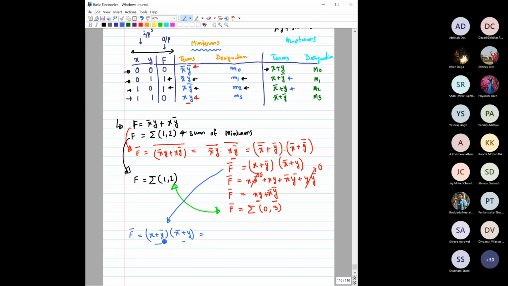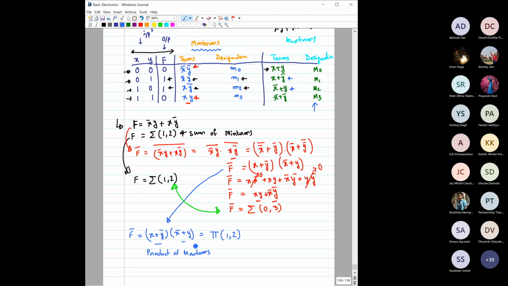F bar is x plus y plus this and this. So basically they are a capital M1, capital M2, and they have a product in between. This type of representation is called the product of max terms, and from this you can see we can write it as 1 comma 2.